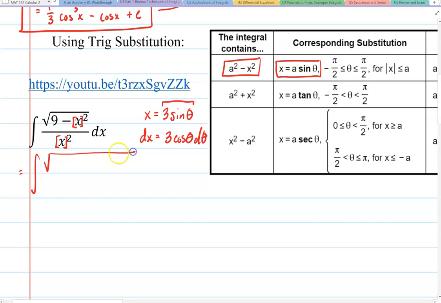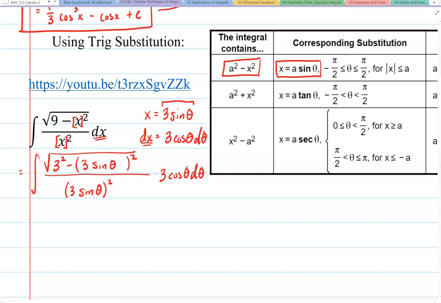So I'm going to write this square root as 3 squared, just to be consistent with the phrasing in the problem here, minus, now I need to write 3 sine theta squared. 3 sine theta has replaced x, and all of that's going to be divided by 3 sine theta squared. And then we can't forget that the dx is now being replaced with 3 cosine theta d theta.